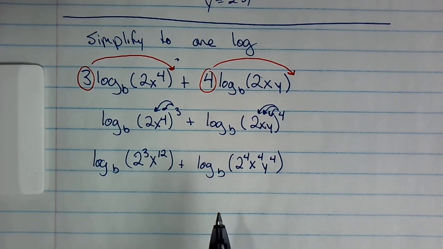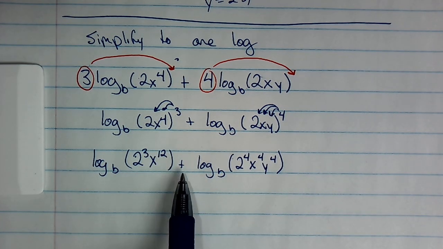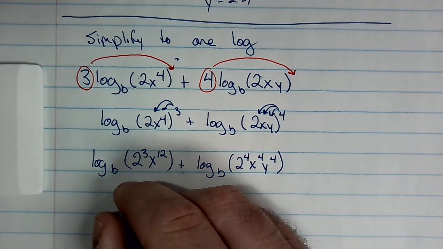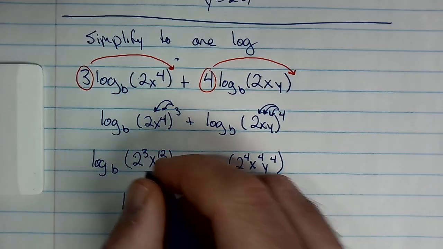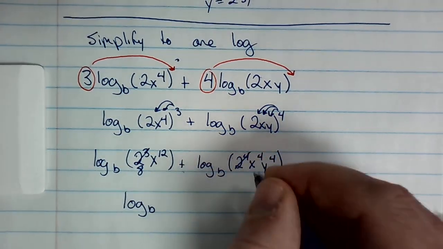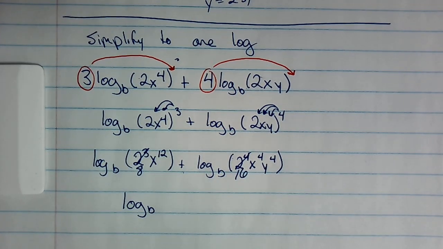Alright. Now let's deal with that addition sign. 2 to the 3rd is 8, and 2 to the 4th is 16, if you want to get rid of those. Now we just start multiplying stuff together, right?